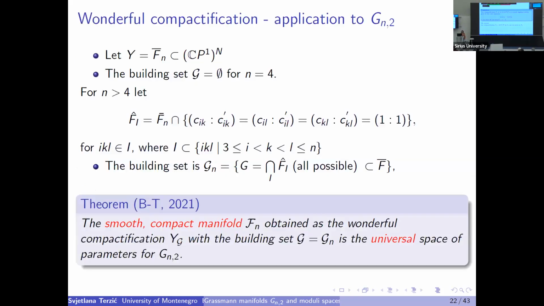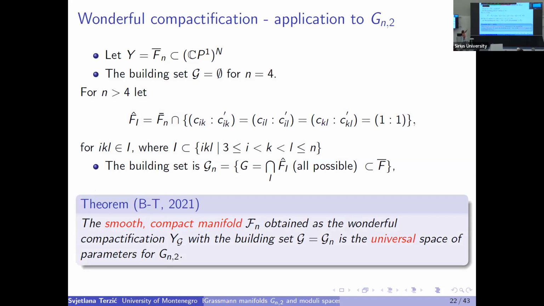And because of that, we applied techniques from algebraic geometry called the wonderful compactification. Actually, we started from this compact space Fn bar and applied the method of wonderful compactification to obtain a new compactification of Fn, which is going to satisfy our requirements.